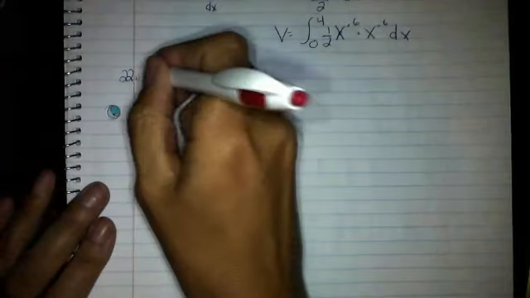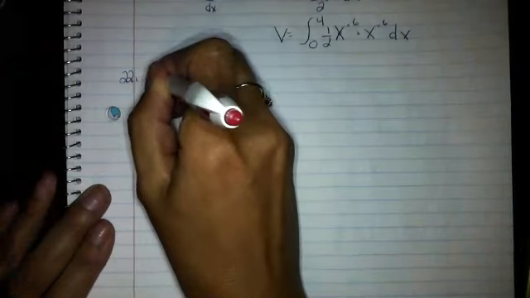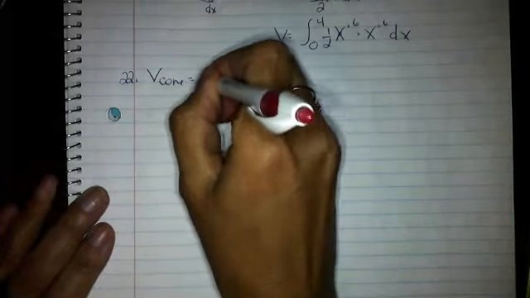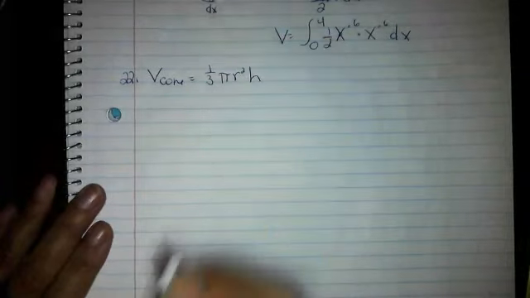So we're going to discover the volume of a cone. And we know the formula, so you'll know when you have your answer. The answer is going to be 1/3 pi r squared h. So thinking about revolving, what region would we have to revolve to get a cone shape? Well, think about it.